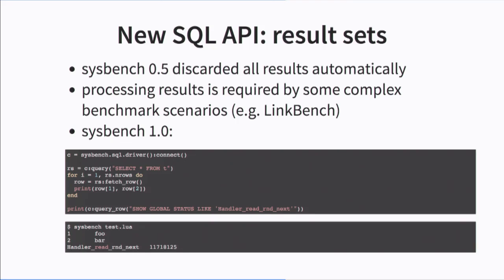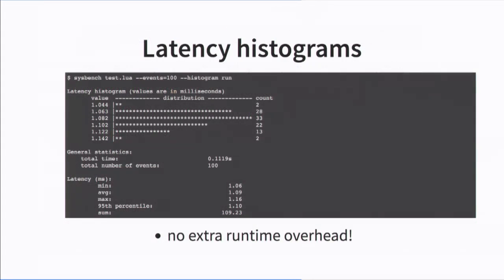So it is now possible in sysbench 1.0. This is how you can do that. Basically, you get a result set object from a query, and then you can iterate that object to read rows. Or if all you need is just to read a single row from a query, for example, just to read some status variable or statistic counters, then you can use a convenience function called query_row, like this.